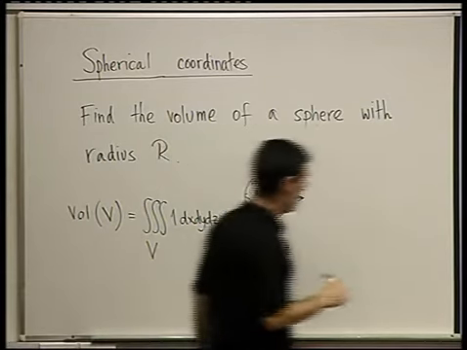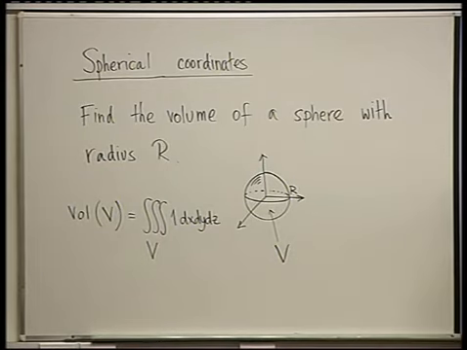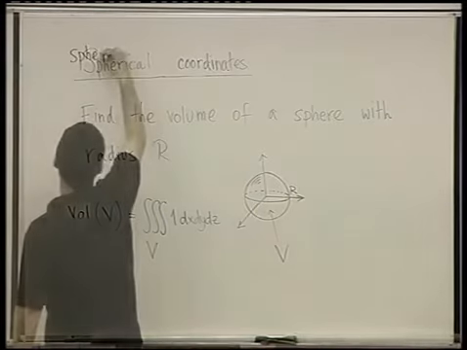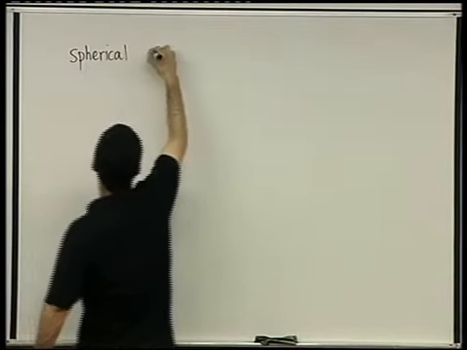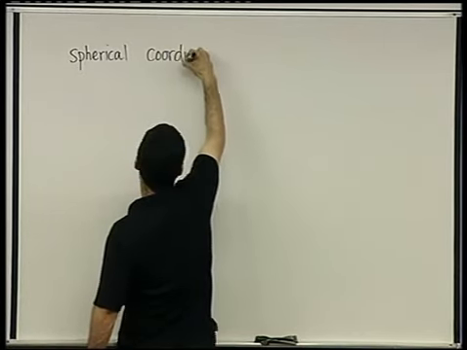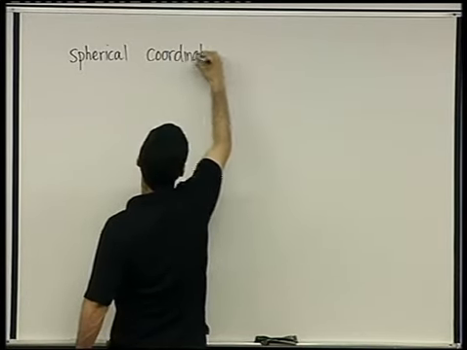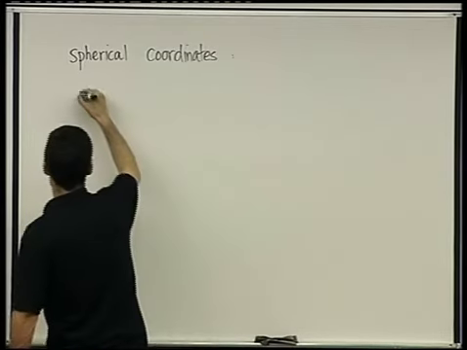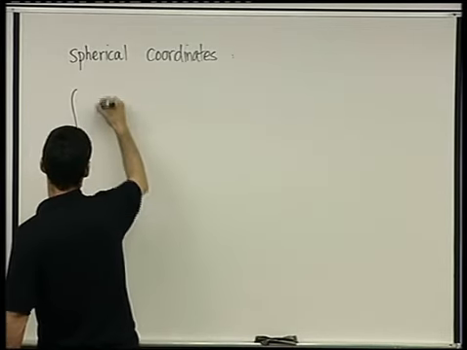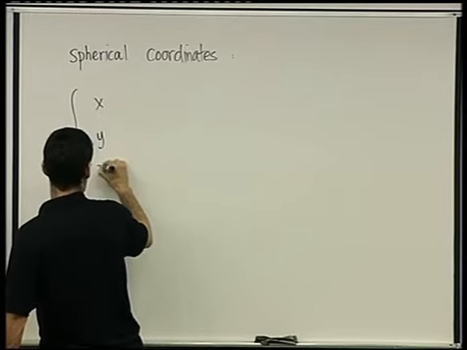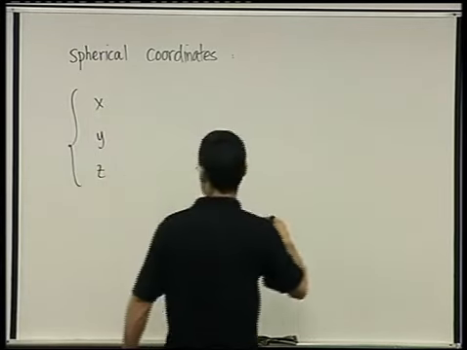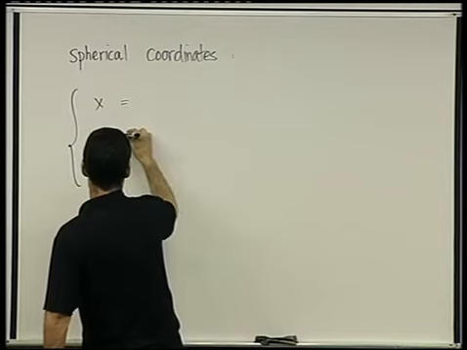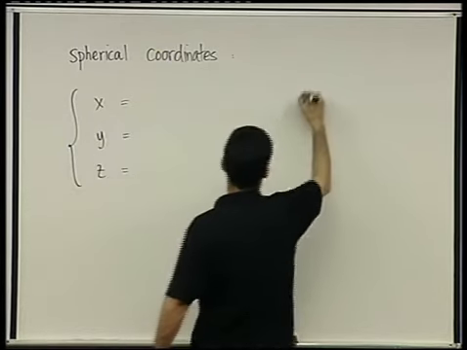So what are spherical coordinates? Spherical coordinates are given as follows. So I have to tell you what x is, what y is, and what z is. And I'm first going to tell you the way I define them.